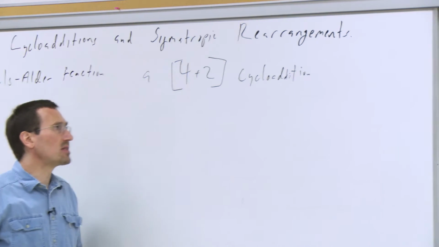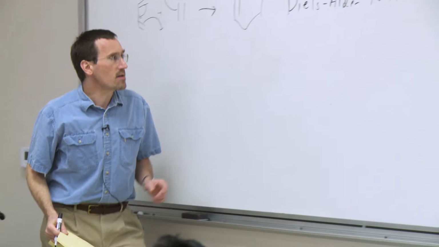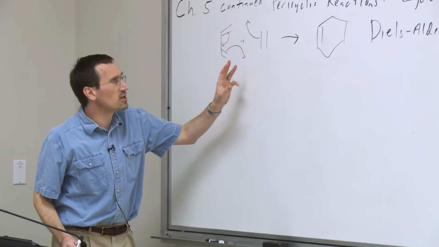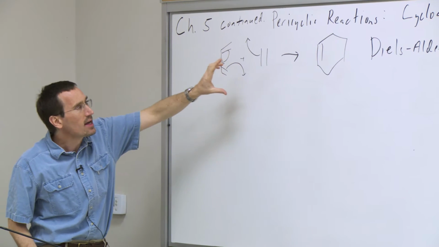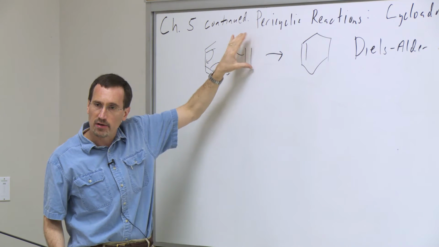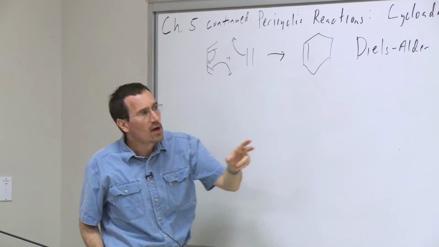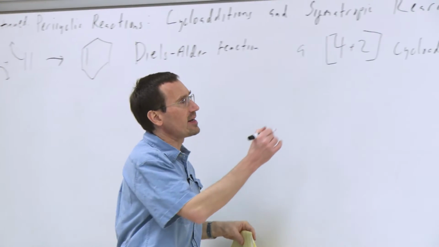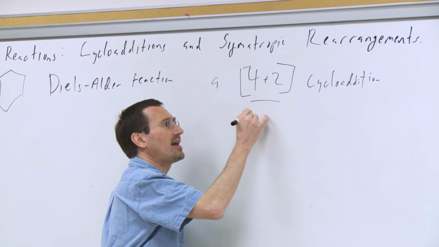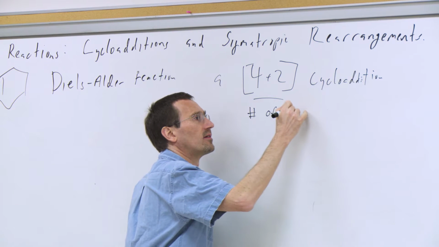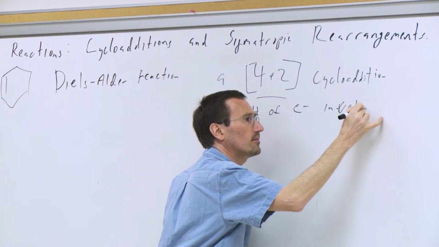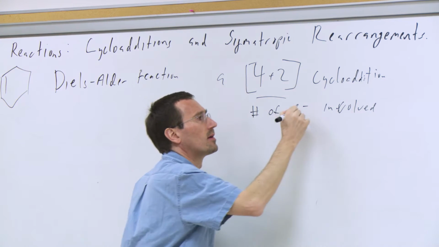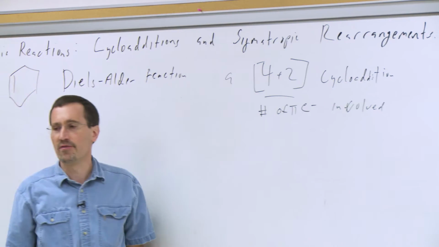That name is a little bit funny because you'd look at this and say, well, obviously we've got 4 atoms here and 2 atoms here, but this is really referring to the number of pi electrons involved.